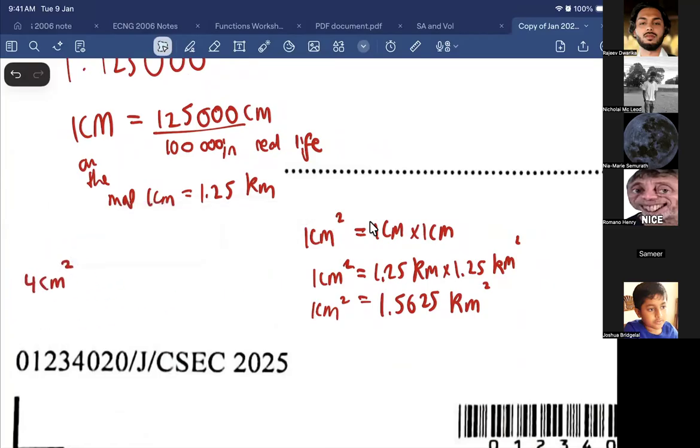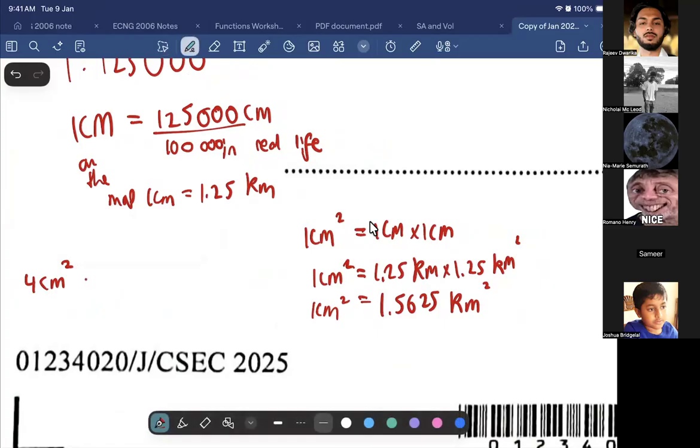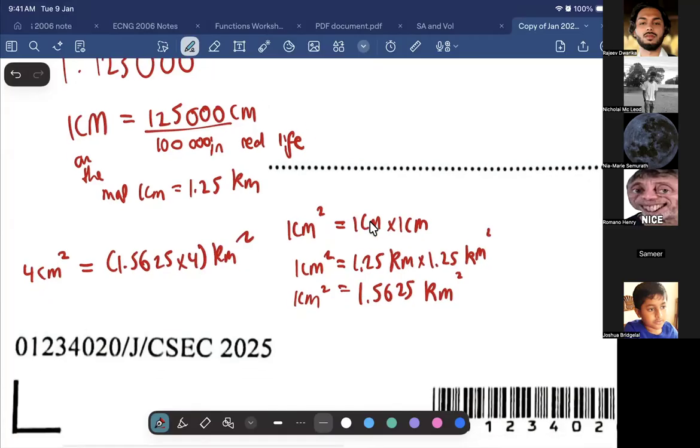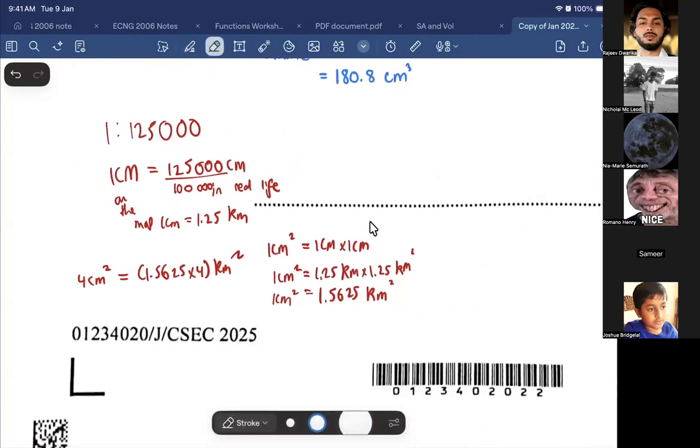If 1 centimeter squared is 1.5625 kilometers squared, how much is 4 centimeters squared in real life? 6.25 kilometers squared. To figure that out, you multiply 1.5625 by 4. Yep, that's correct. So yeah, guys, I hope today was beneficial.